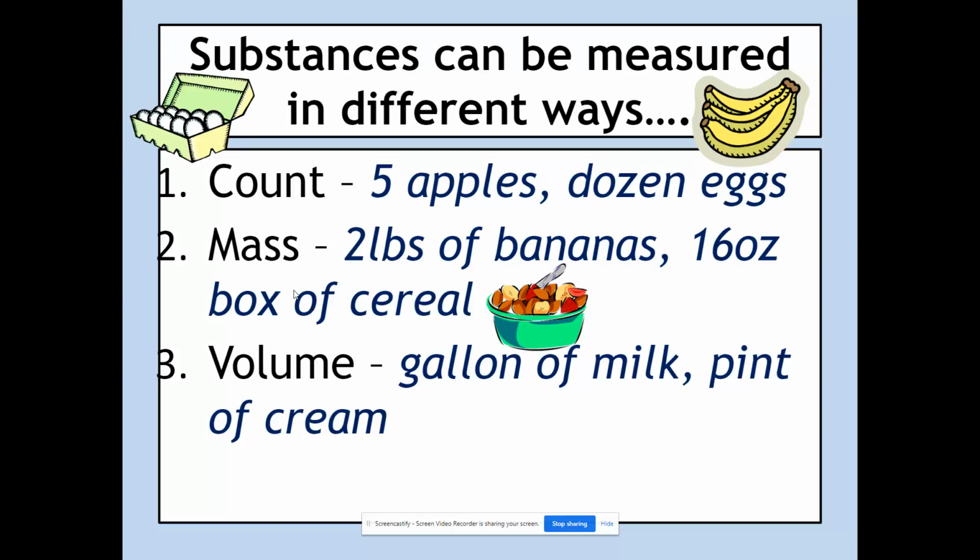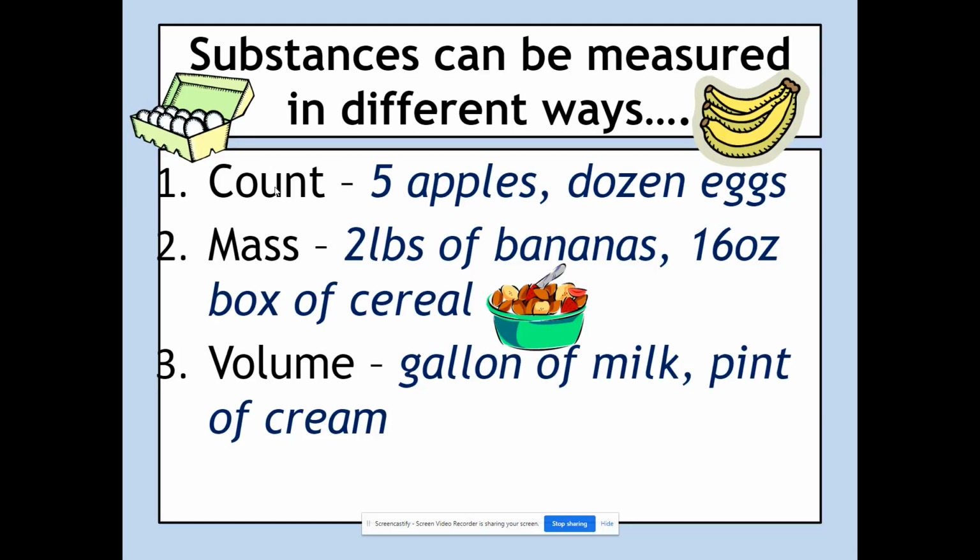Oh, it's however many grams or however many kilograms. And then if we needed to fill a 50-liter duffel bag, we can put all those gold bars in it and take them away. We're not going to do any of that because we're not bank robbers. But those are all the ways that we can measure substances.